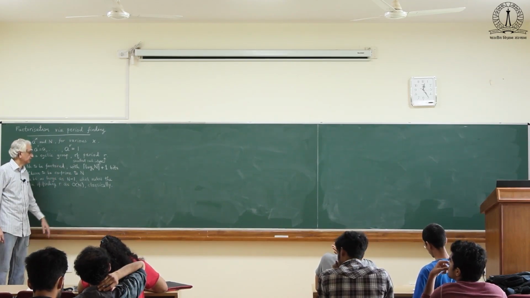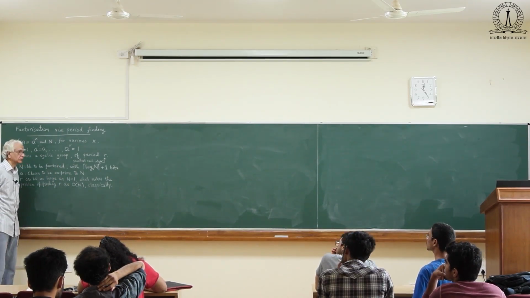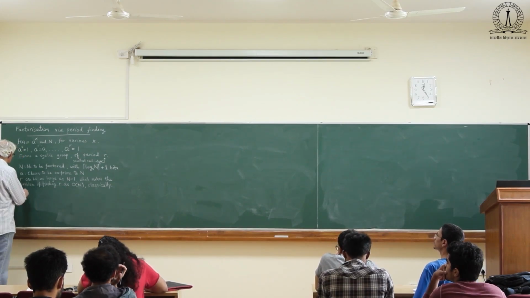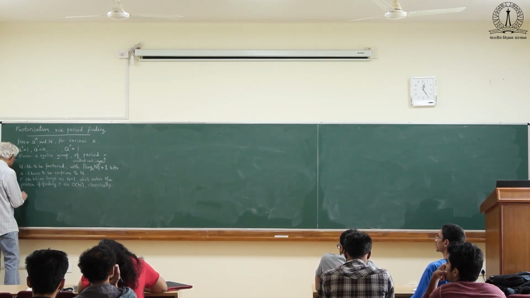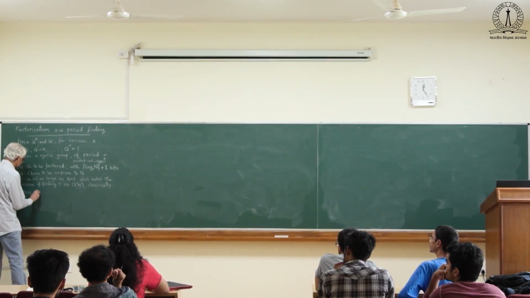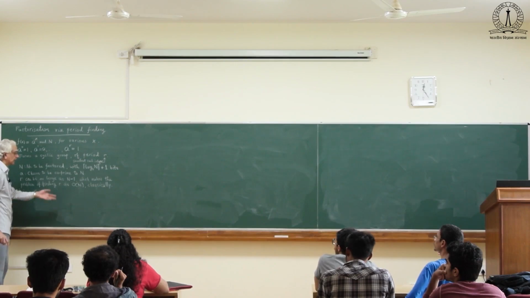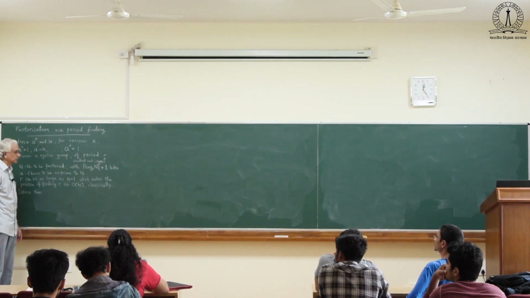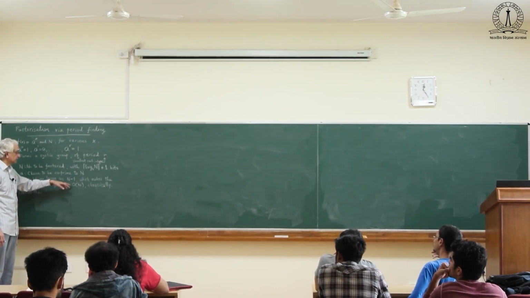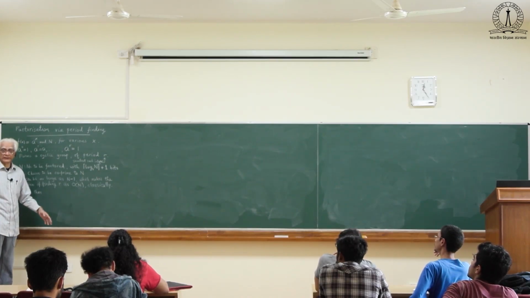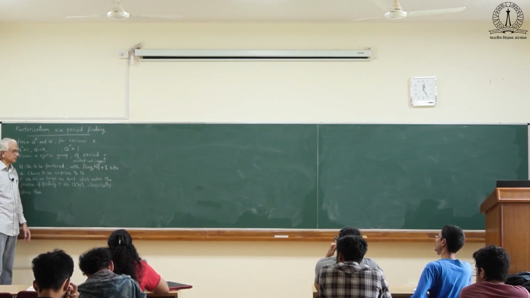And so to factor n, as I will come to. But this is worse than the simple algorithm we learned in school, which is just divide by all prime numbers up to root n and see if any one of them survives.